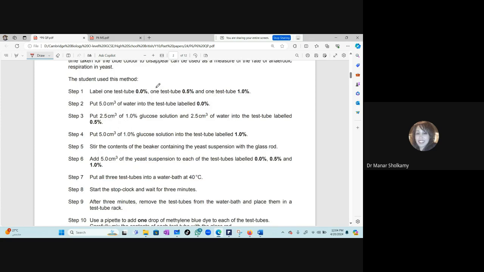Label one test tube 0%, one test tube 0.5%, and one test tube 1%. So this is the independent variable, the different concentrations of glucose. This is very good to remind me that when you do the other investigation question, when they ask you and you tell them that you have a particular independent variable, please give at least 2 to 3 examples.